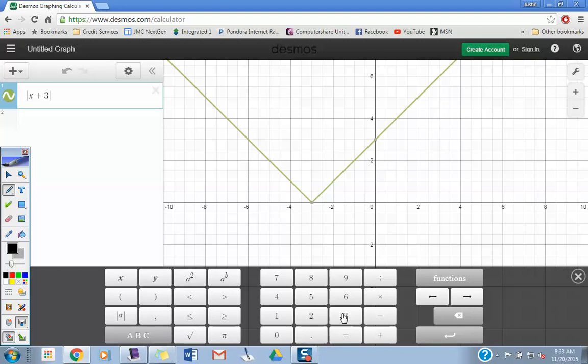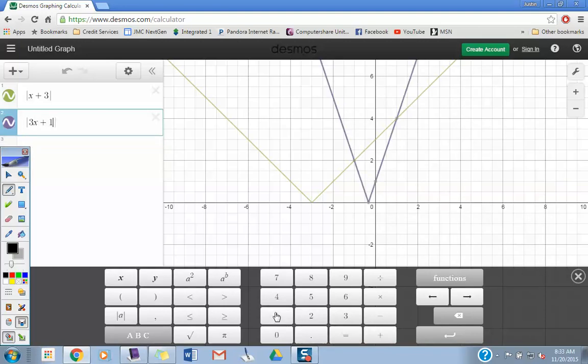Okay. Then, this is a graph you get for an absolute value function. What's the right side looking like, kiddos? So make sure I do absolute value and 3x plus how much? Okay, graphically, that's what it looked like.